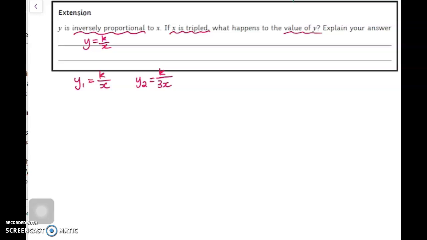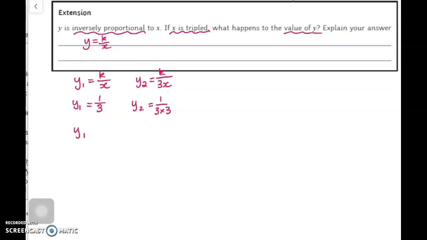Let's have a look at a specific example to see what the pattern is here. So if y is, let's say it's equal to 1 over, and let's say we have chosen x to be 3. Okay, then in our second y, the k is still the same. It's 1. It will be over 3 times our value of x, which is 3.